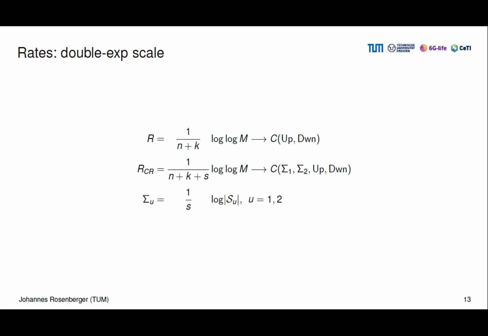So it's kind of like a rate reliability or reliability rate function. We have an additional thing that the rate depends on. And below this sigma is then the rate of our randomness, sigma u for sender u. So the shared randomness that Alice has is sigma 1 and sigma 2 is for Bob.